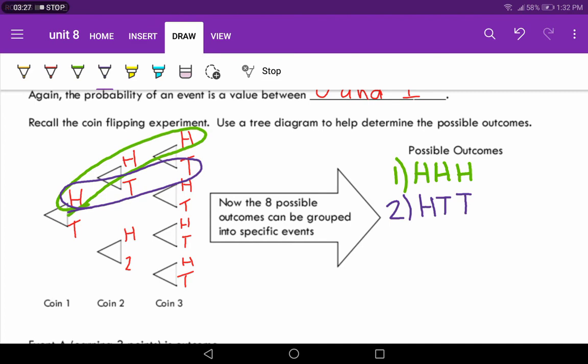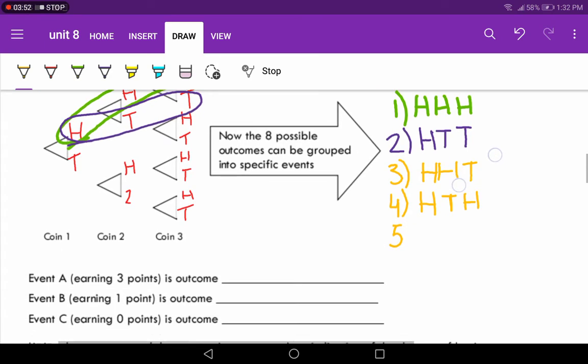Okay, we could also get, I'm not going to show you on the graph the whole time, heads as the first one, heads as the second, and tails as the third. We could get heads as the first, tails as the second, and heads as the third.